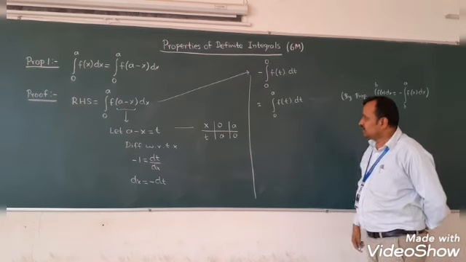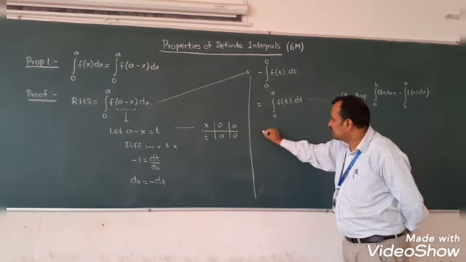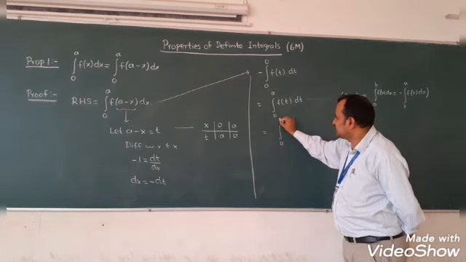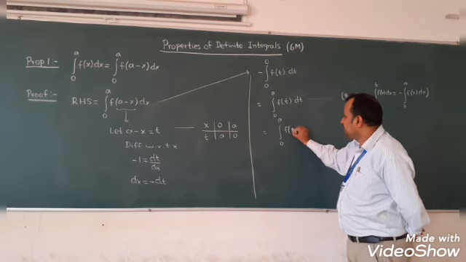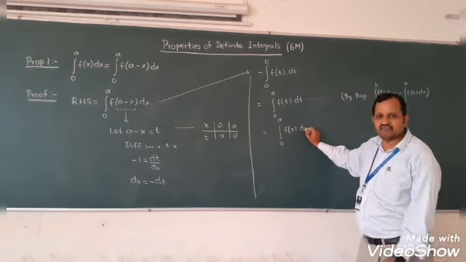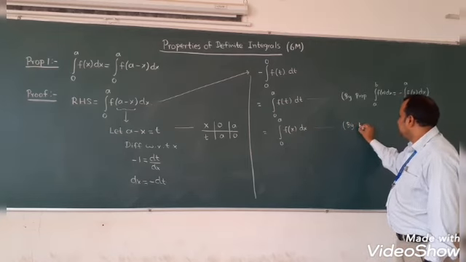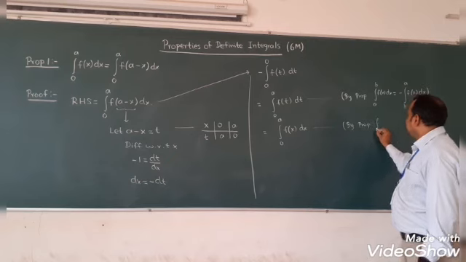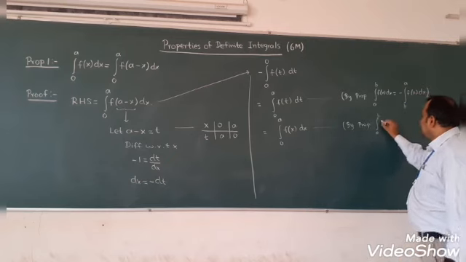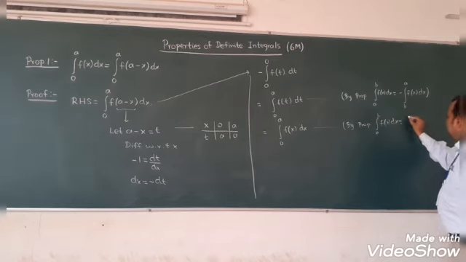I hope it is clear. Now in place of t, can we write x or not? By which property? Definite integral is independent of change of variable. So by property, integral a to b f of x dx is equal to integral a to b f of t dt.